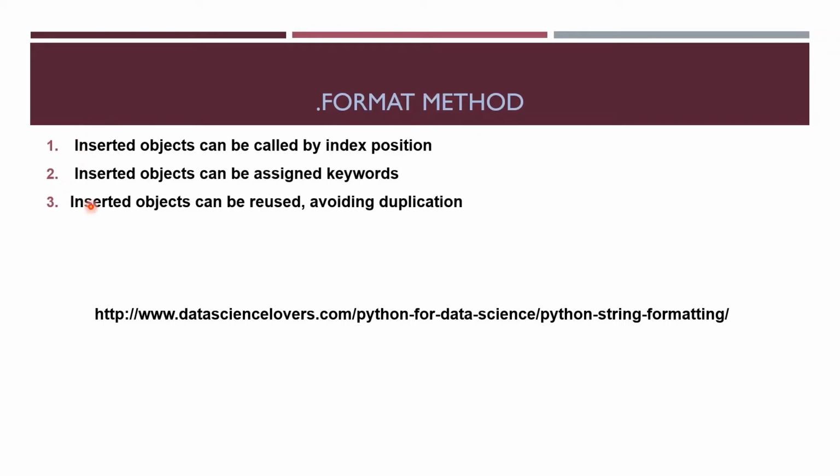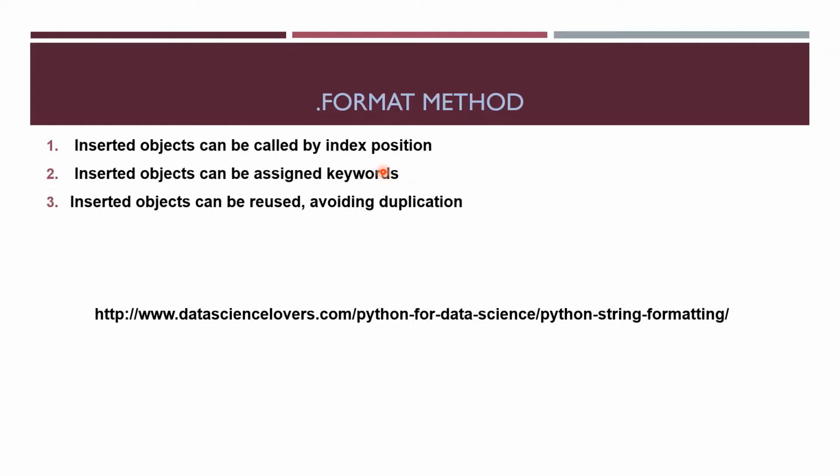And the next one is that inserted objects can be assigned keywords. Keywords represent variables, where you can give p equal to, let's say, good, and let's say I am, we have to use flower brackets, I am {p}. No inverted commas are applied here because p is a variable, not a string.